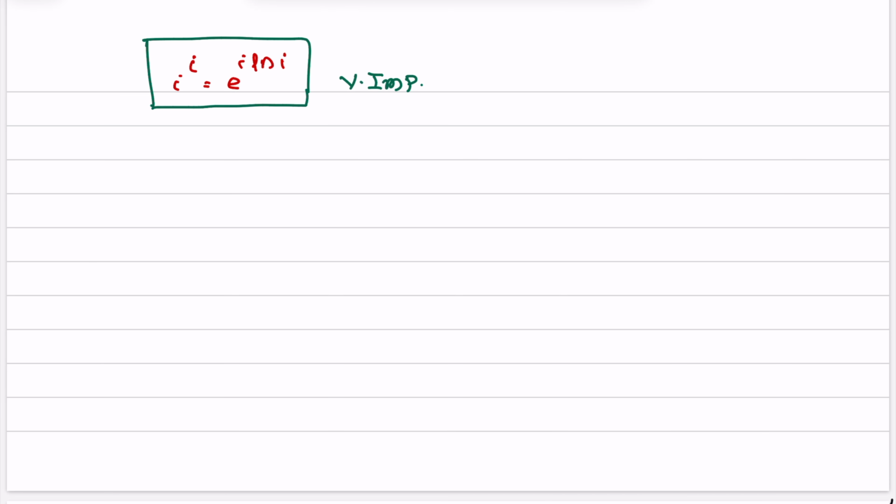What is ln i? Is equal to what? ln i is equal to, please write it.